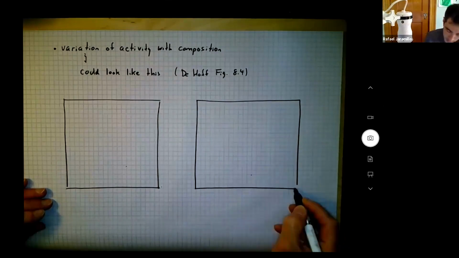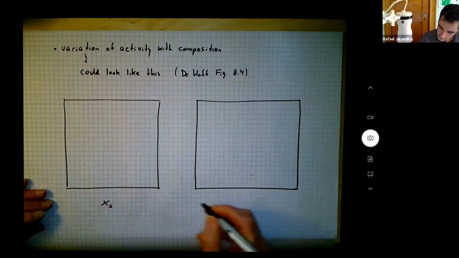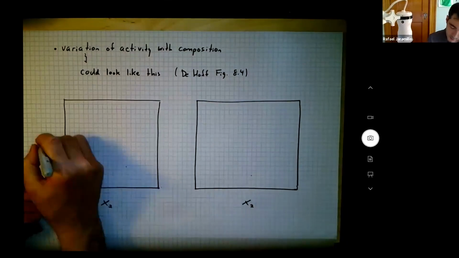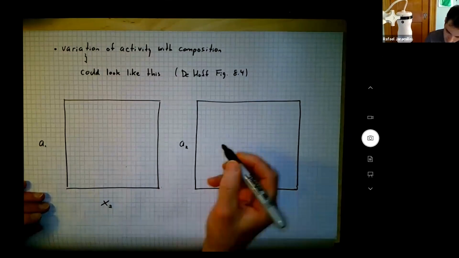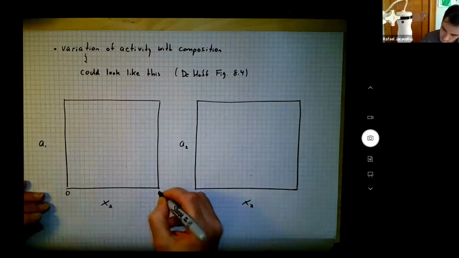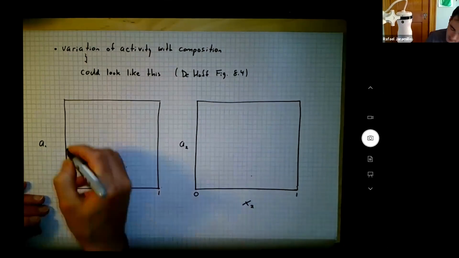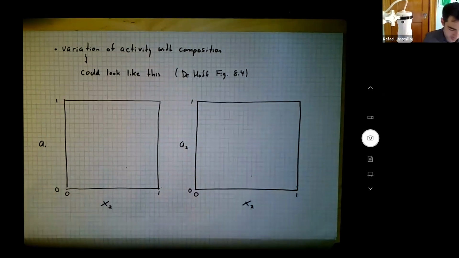What I'm trying to plot here is as a function of x2, the activity of the first component and the activity of the second component. So this goes between 0 and 1. This goes between 0 and 1. This on this plot goes between 0 and 1. It doesn't have to. You can have activities greater than 1, but we're going to keep it simple here.